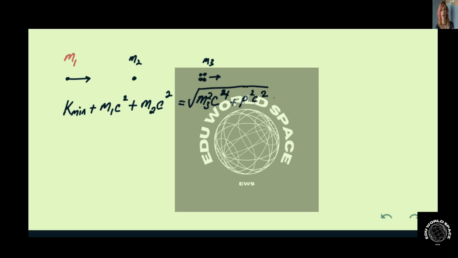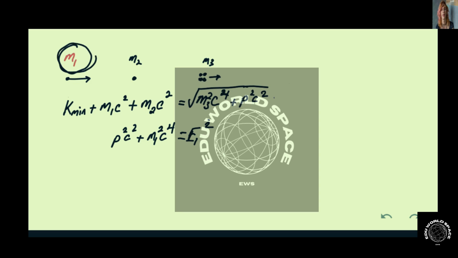So from here, what is our P squared C squared? We don't know what this is, but what we can do is relate this P squared C squared to the initial momentum of the system. So the P squared over here is the final momentum of the system. By momentum conservation, this must also be the initial momentum of the system, and the initial momentum only comes from mass m1.